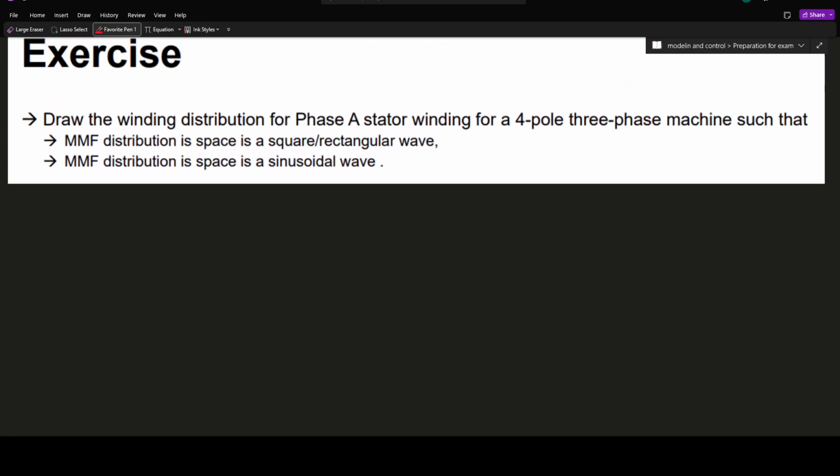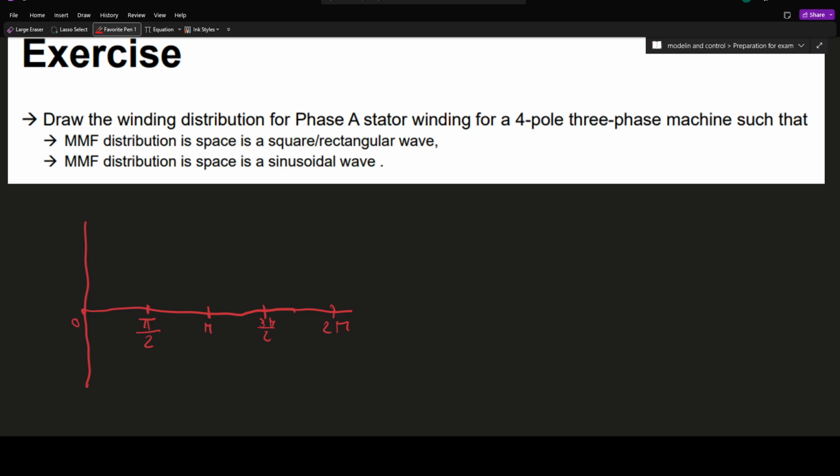So let's start with the square wave. We know that it's a 4 pole, so they are going to be distributed every 90 degrees. So we are going to have something at 0, at pi over 2, at pi, at 3 pi over 2, and at 2 pi.